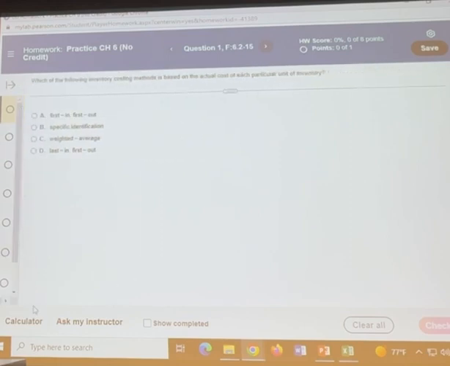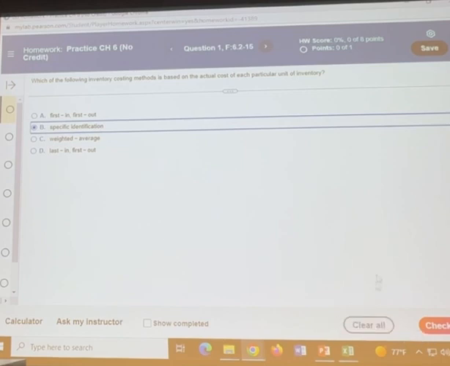Okay, which of the following inventory costing methods is based on the actual cost of each particular unit in inventory? Specific identification. All the other three use assumptions.